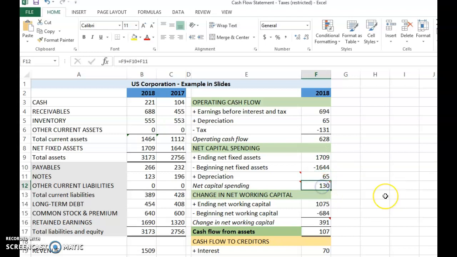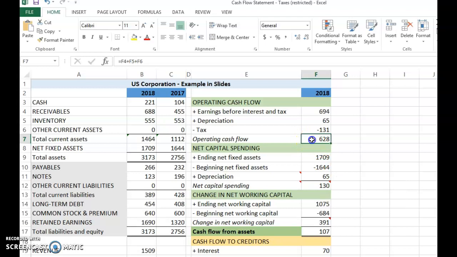Therefore you get 130. This positive indicates a cash outflow, or cash used. That means the company used $130 million, or you can just accept that as dollars, $130, to increase the fixed assets of the company.